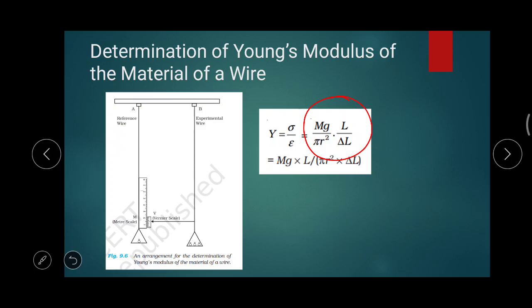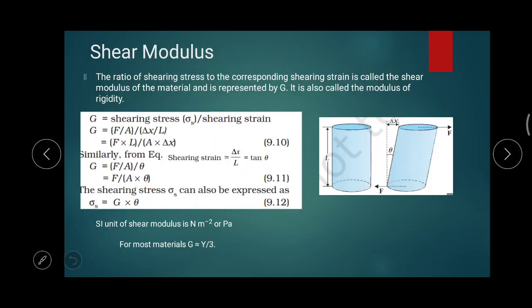Okay. Now let us come to the next modulus, that is the shear modulus. The definition of the shear modulus is the ratio of shearing stress to the corresponding shearing strain.